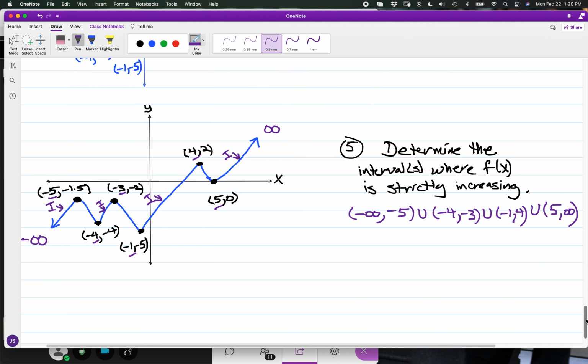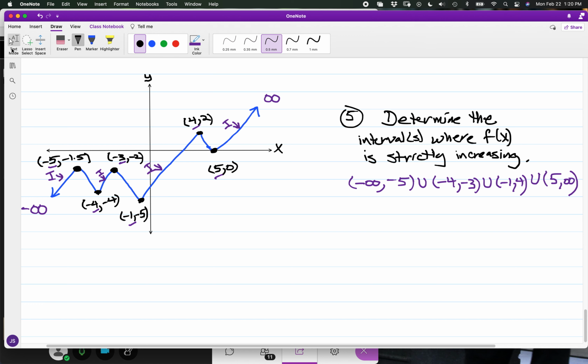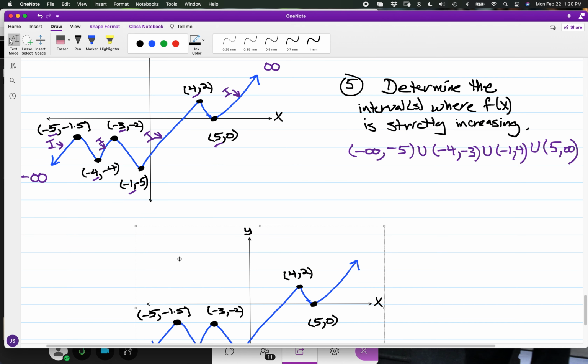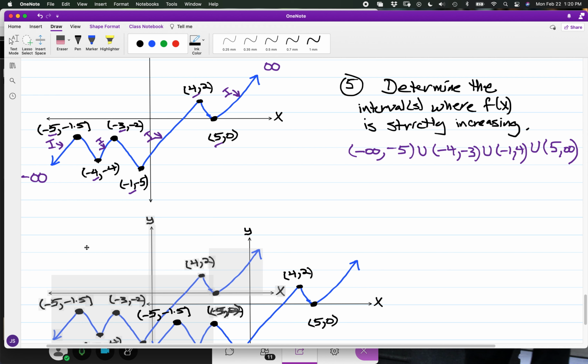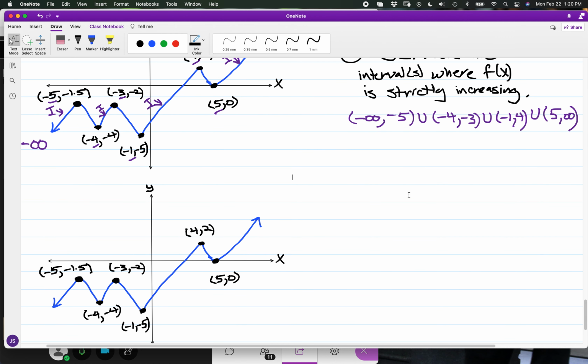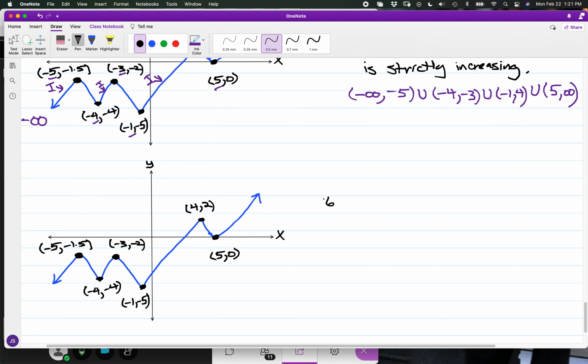Okay, and also in the determination of intervals whereupon f of x is going to be strictly decreasing.